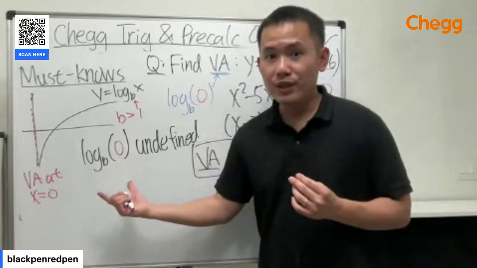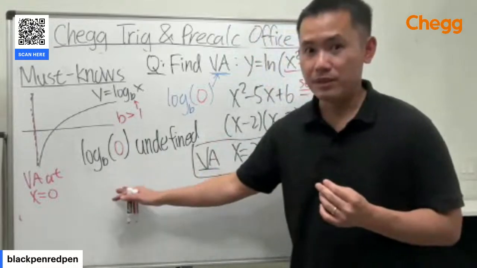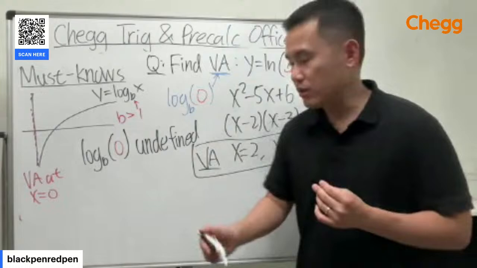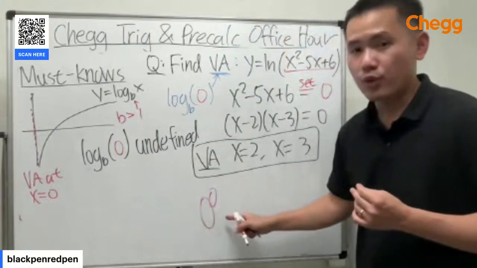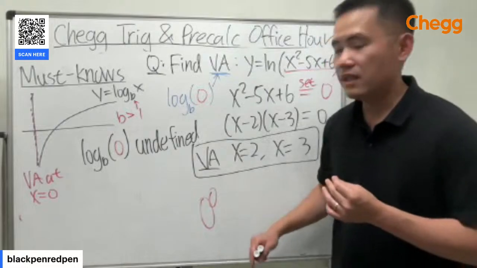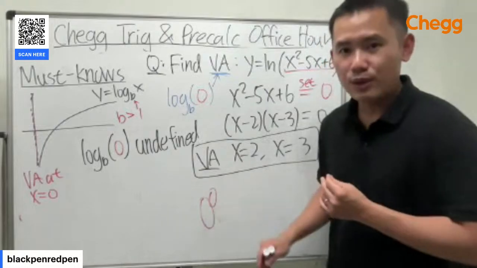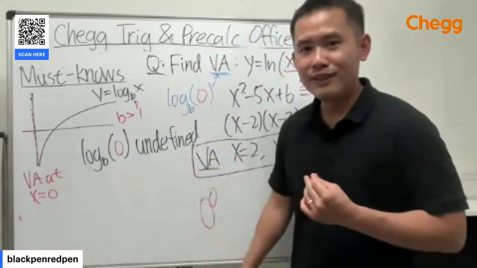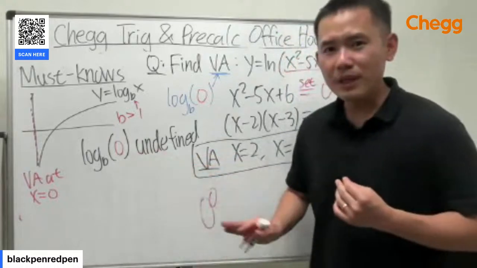This is actually pretty good because there's no argument about this. Remember 0 to the 0 has no agreement. Some people say it should be 1, some people say it should be undefined. This is better because it's just undefined. Nobody will argue with you.